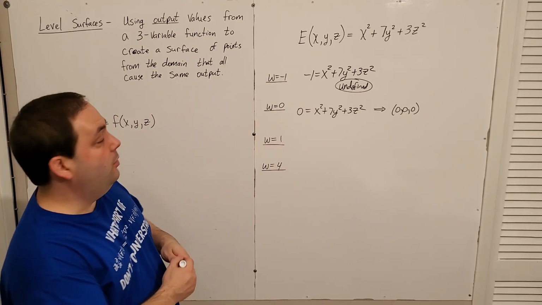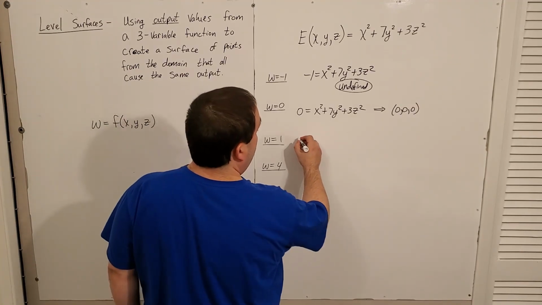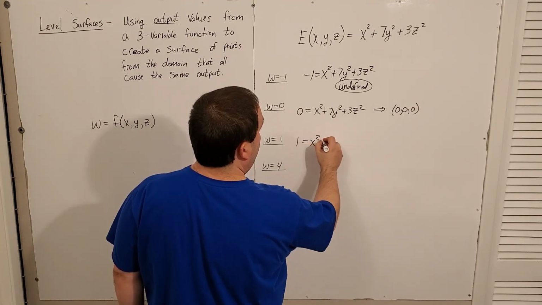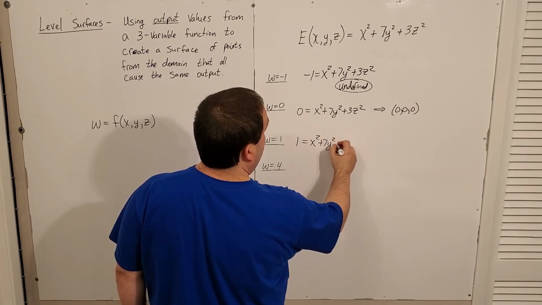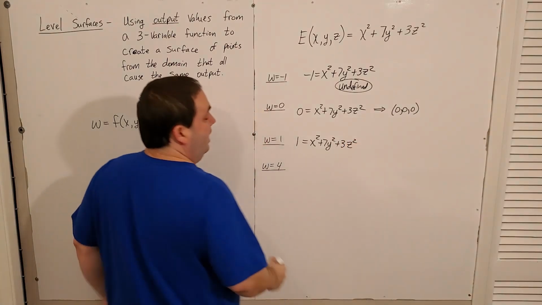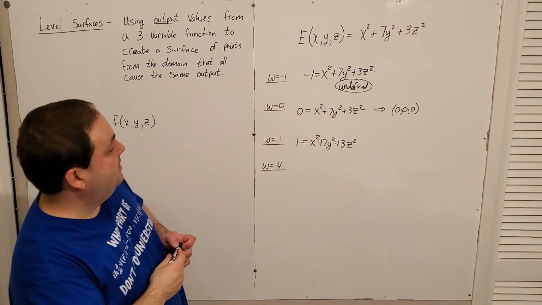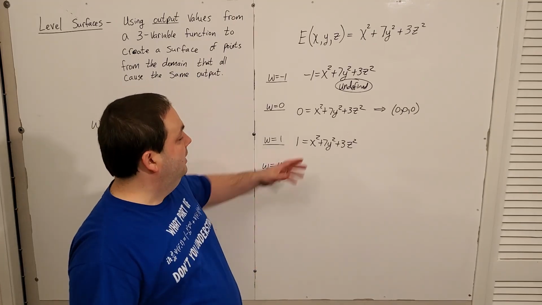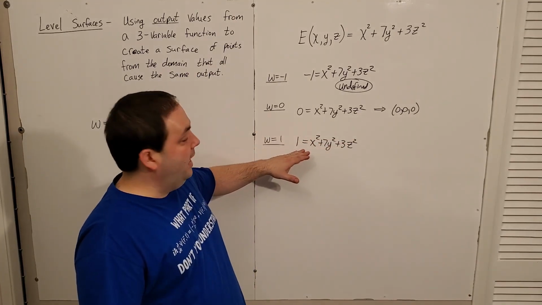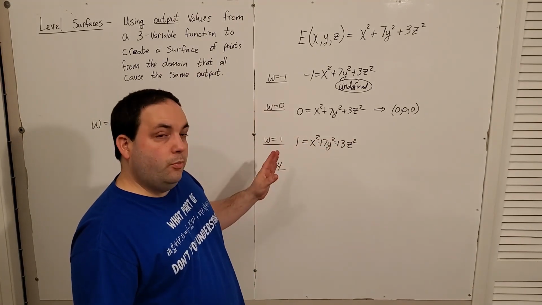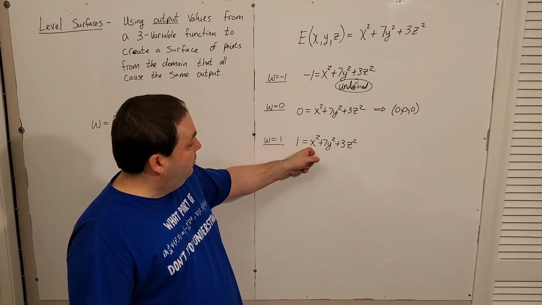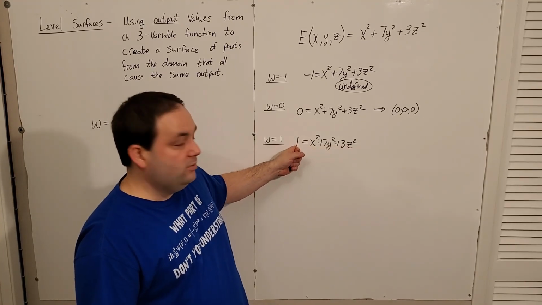Then we go with W equals 1. So I have 1 equals x squared plus 7y squared plus 3z squared. And of course, if there were any manipulations necessary at this point, then we would do that. But it's already in a pretty nice form. Remember, all the squares added up and it's equal to 1.